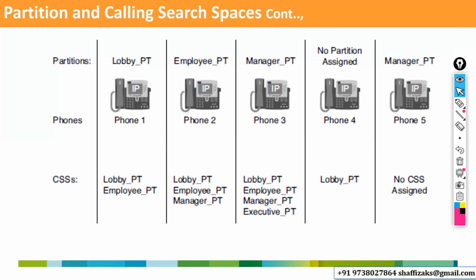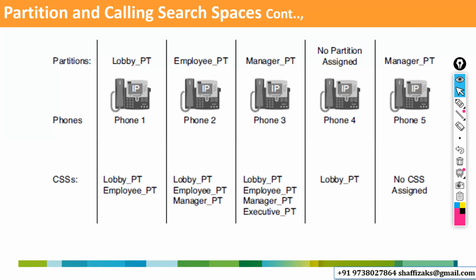Every CSS will also contain the non-partition, though it will not be displayed. Here we have lobby partition and employee partition, and it also contains the non-partition. You are dialing phone 4. Phone 4 is in which partition? Non-partition. Any CSS can reach the non-partition, so that's the reason you can reach this phone.